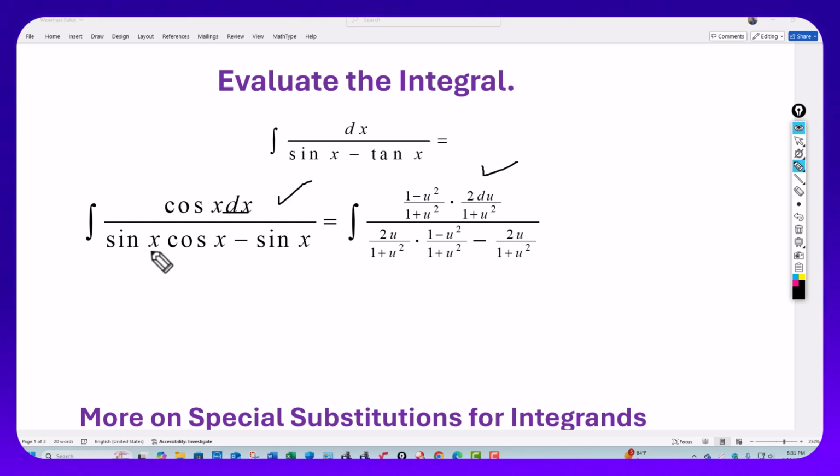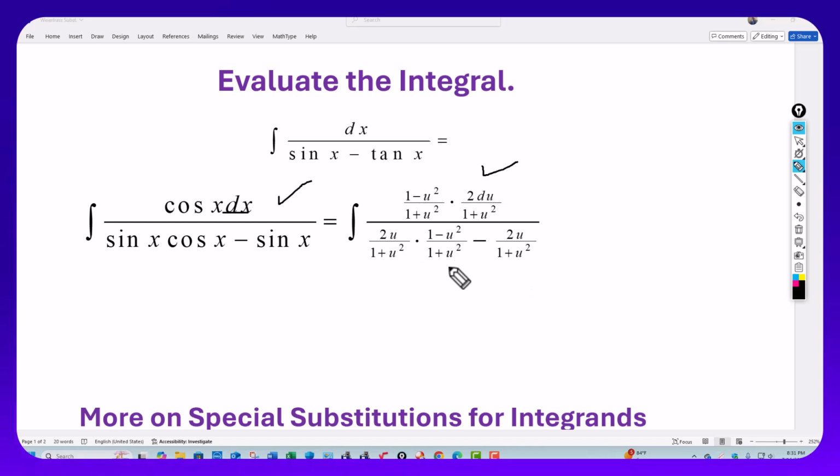And then the denominator, same thing. Replace the sine of x by 2u over 1 plus u squared. That's our special substitution, or one of them. For the cosine, you plug in 1 minus u squared over 1 plus u squared. And then again for the sine, same thing over here: minus, then sine is equal to 2u over 1 plus u squared.